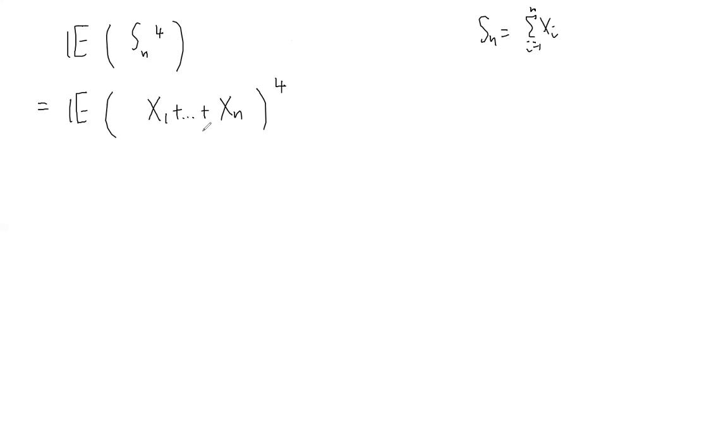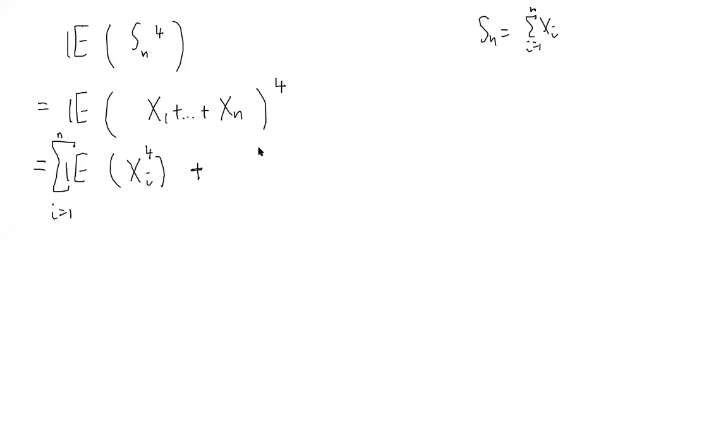Now, if you expand these things, you will get the following. So you have your x1 to the power of 4, okay? So then you sum from 1 until n. Then over here you will have all sorts: power of 4, power of 3, power of 2, and power of 1, until power of 1, right?